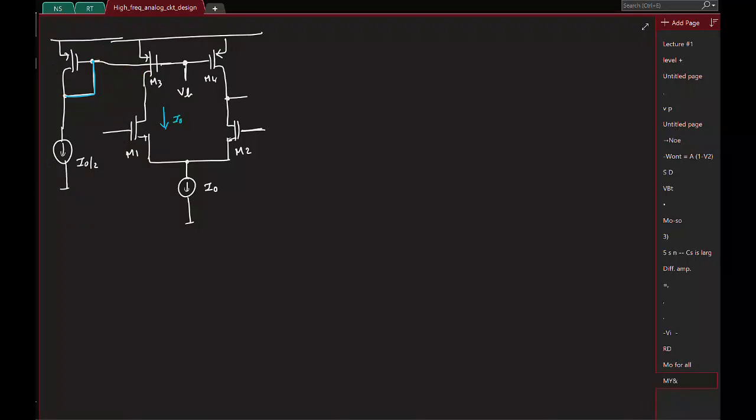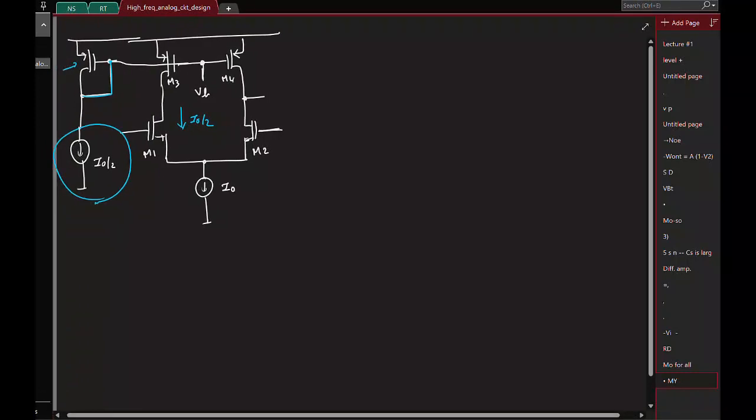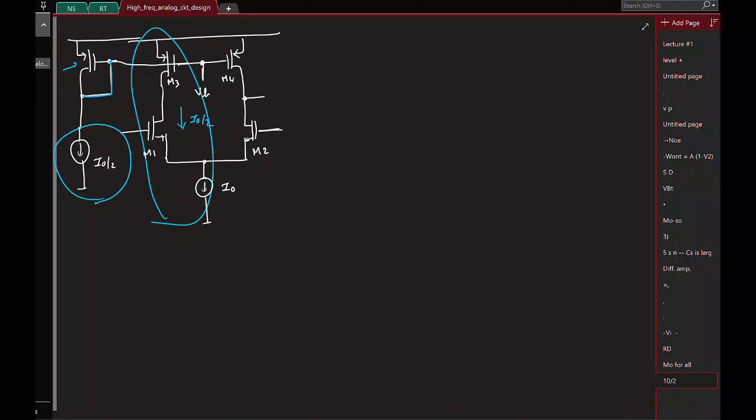So again, let me repeat it. What I'm saying is, if you look at the extra branch we have added, we have a current source I0 by 2 and a PMOS transistor, right? Now if you look at the left branch we have here, we have the same guy, right? So instead of having a separate branch, we can reconfigure this branch in this way.